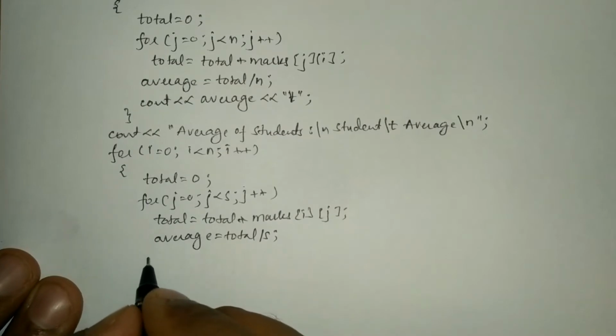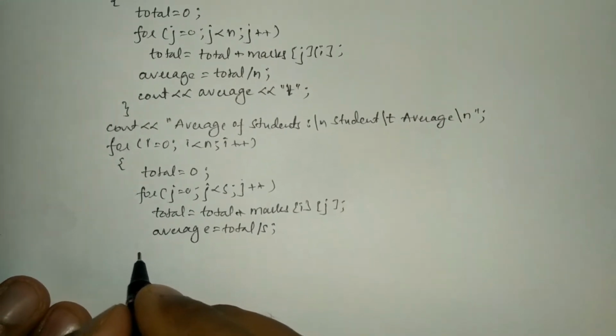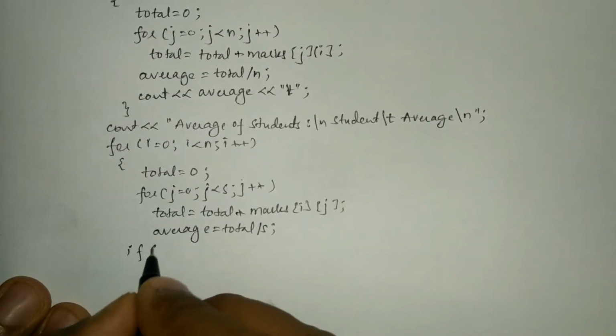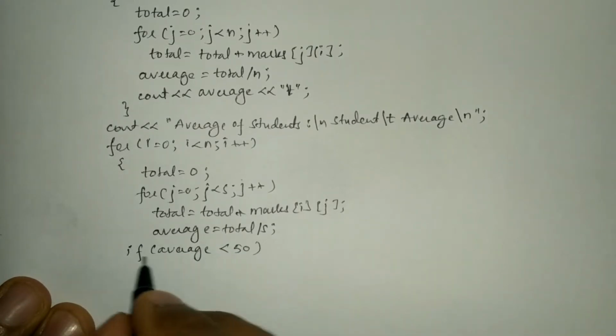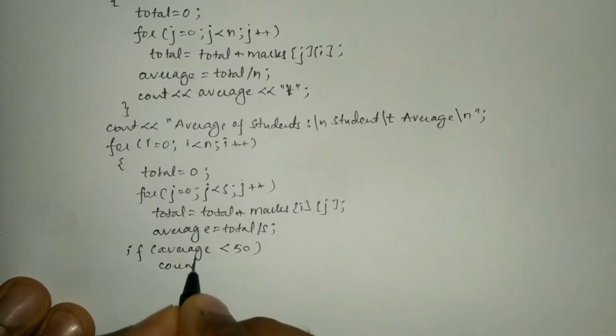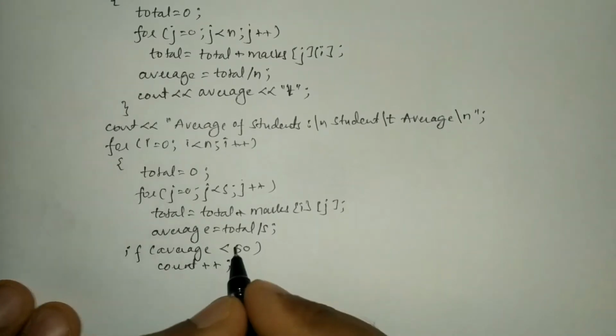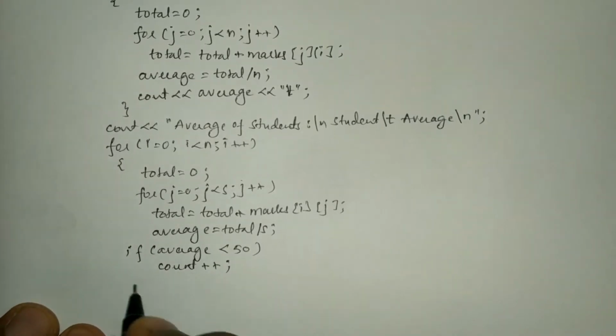Now we are going to calculate one more point here, that is if average is less than 50, then the counter has to increment its value by 1. So that's the reason we are going to write here count plus plus. Now I'll write cout.